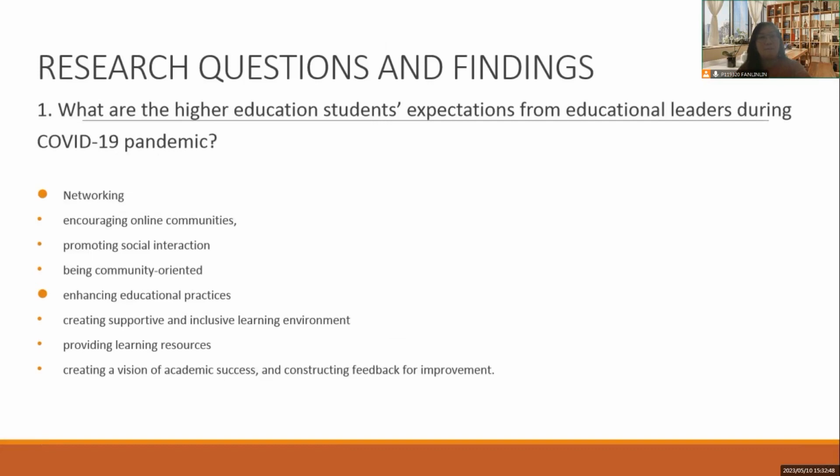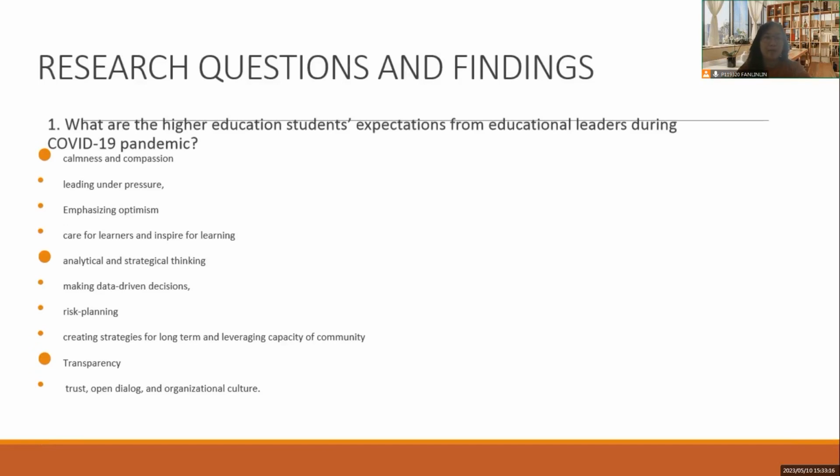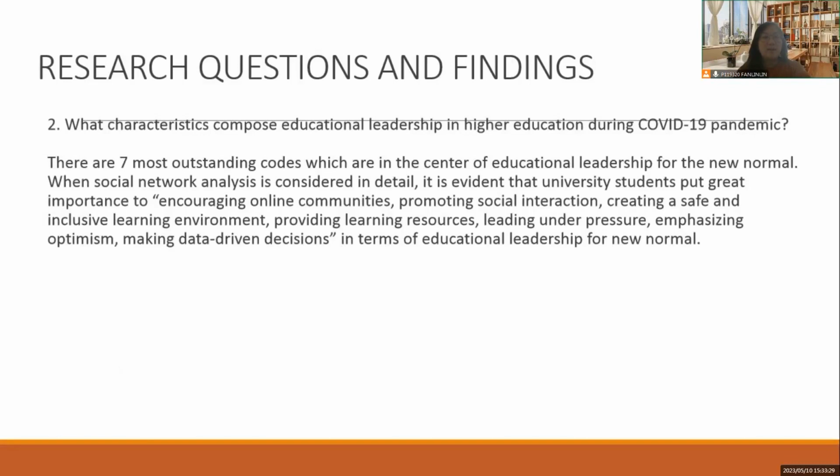That means networking and encouraging online communities, promoting social interaction, being community oriented, enhancing educational participation, creating a supportive and inclusive learning environment, providing learning resources, creating a vision of academic success, and constructive feedback for improvement. Also compassion, analytical and strategic thinking, transparency, and so on.